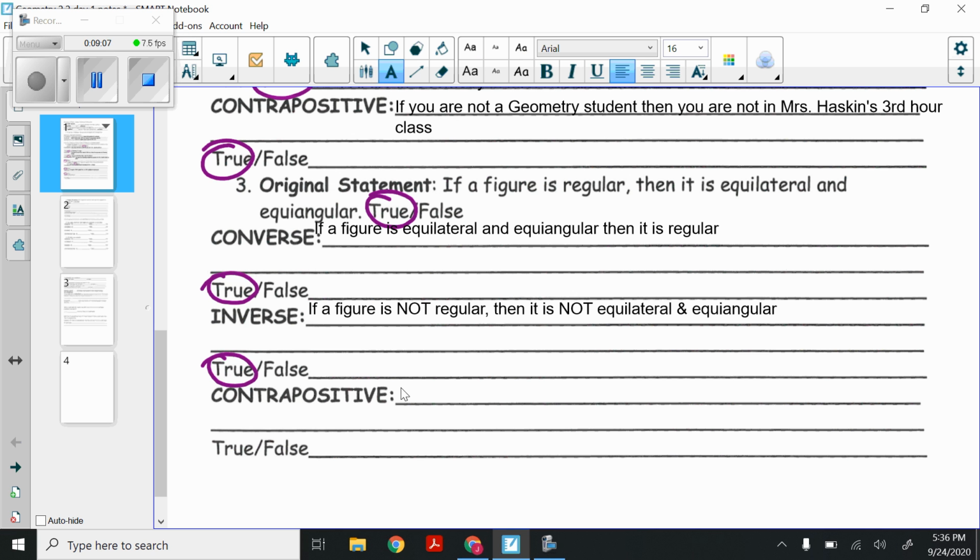And finally, we want to take the contrapositive. And so this is where we take the converse, and we put nots in. So if a figure is not equilateral and equiangular, then it is not regular.